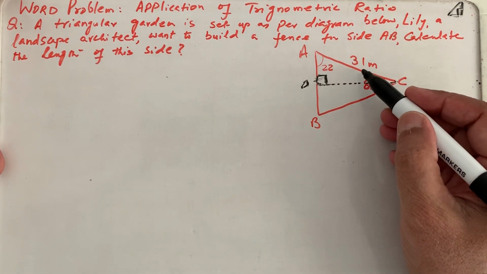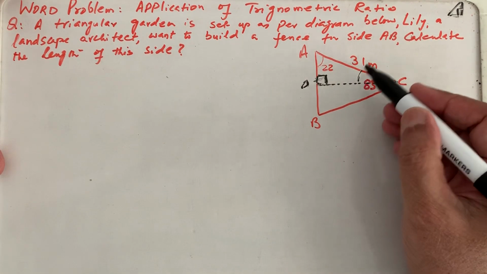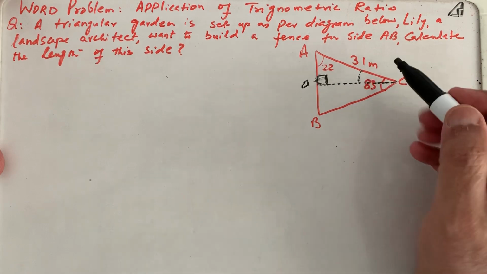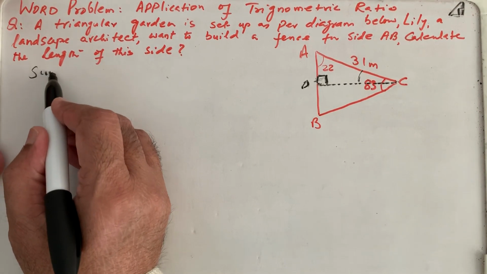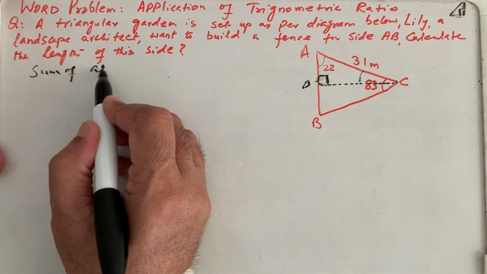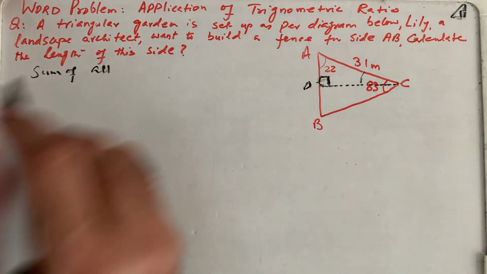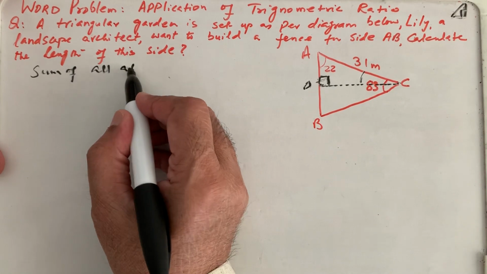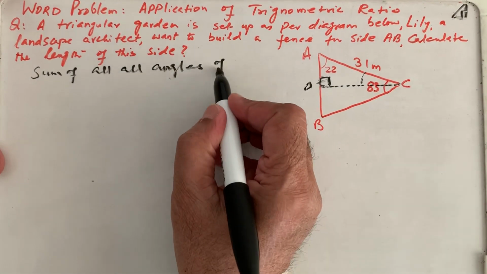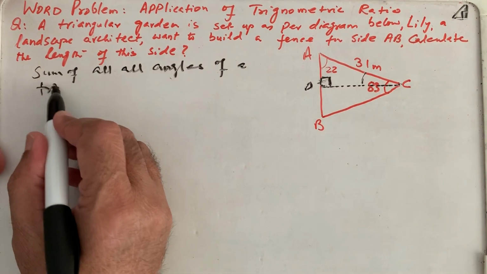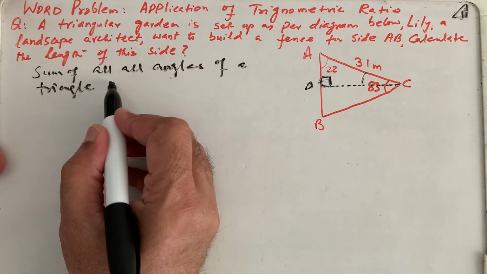Now we don't know this angle, but we can determine it with the help of the fact that the sum of all angles of a triangle is 180.